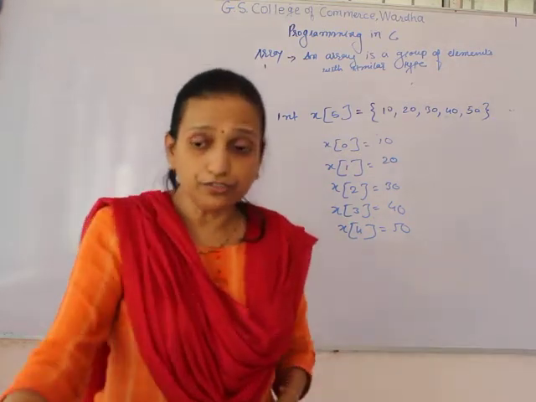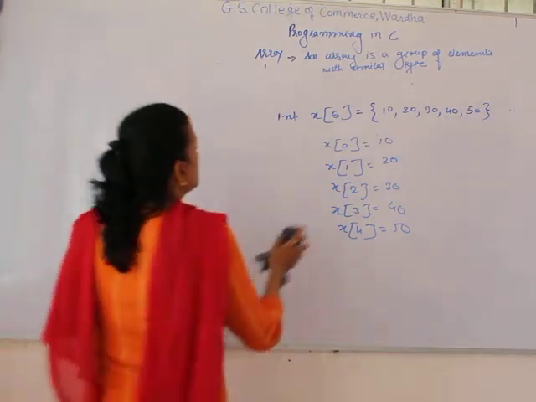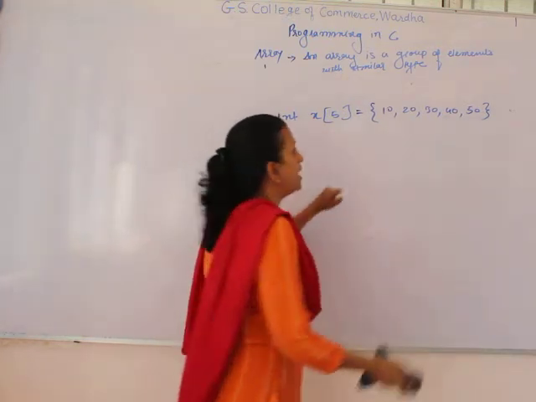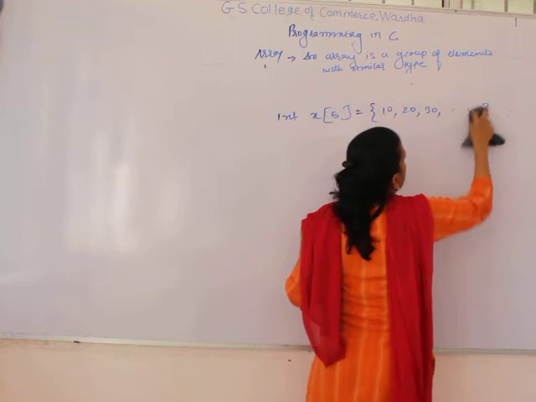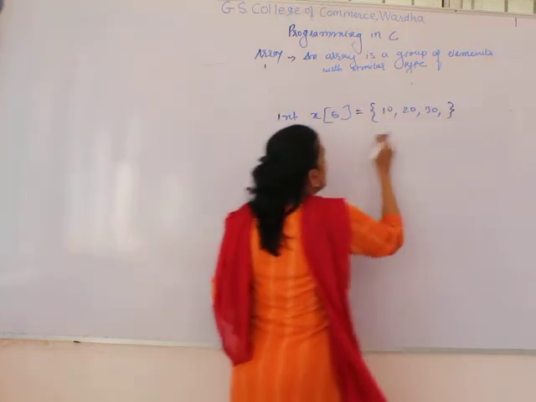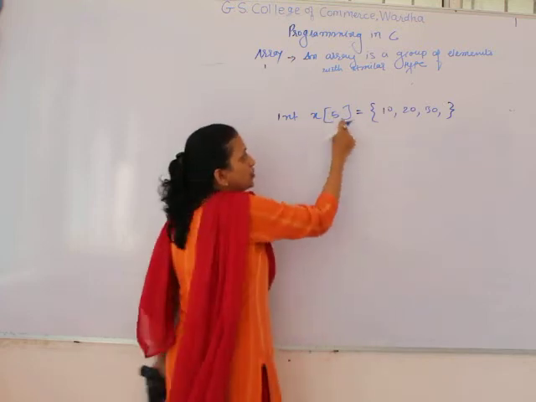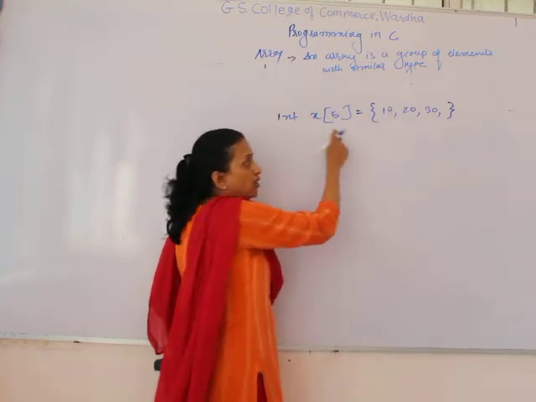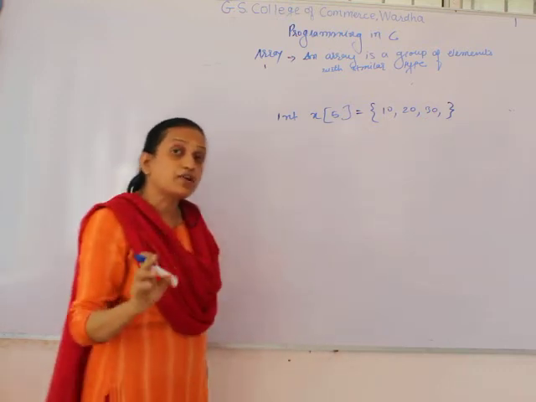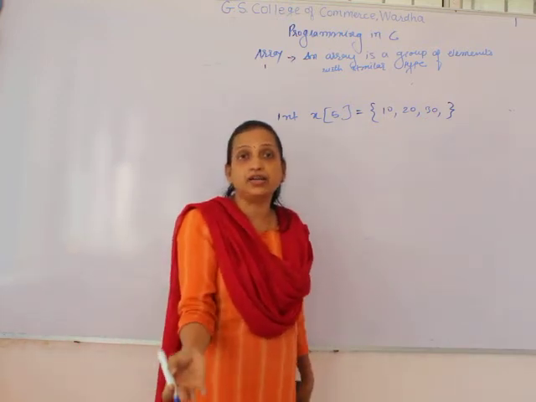But suppose you assign fewer values than its size, what will happen? Means if you assign only 3 values, what about the rest of the elements? This value will be assigned to x0, this value to x1 and this value to the element x2. And what about the x3 and x4 elements?